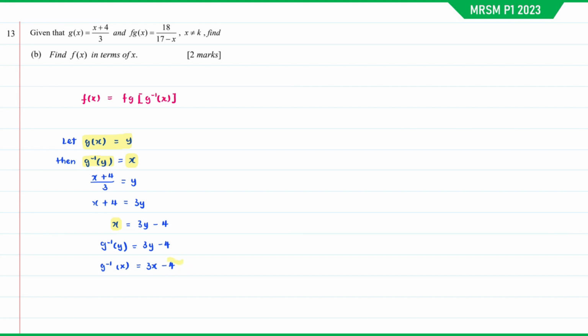Next, we input the inverse g, 3x minus 4, into the composite function fg, into the x here. This is equal to 18 over (17 minus (3x minus 4)). So this is equal to 18 over (21 minus 3x).